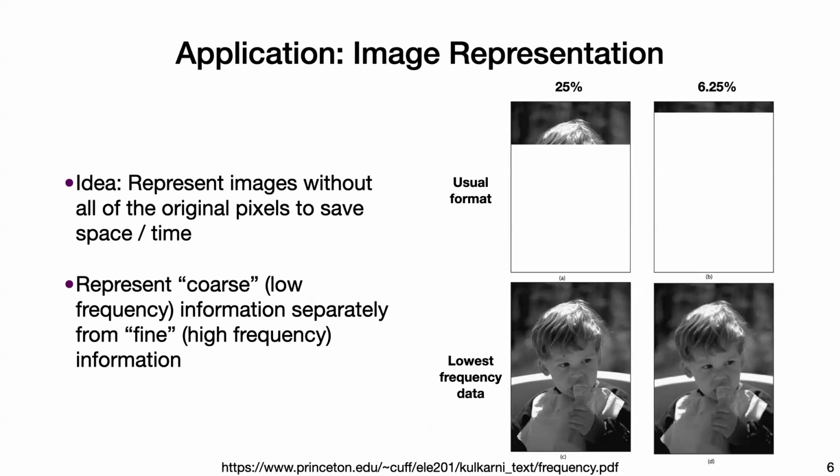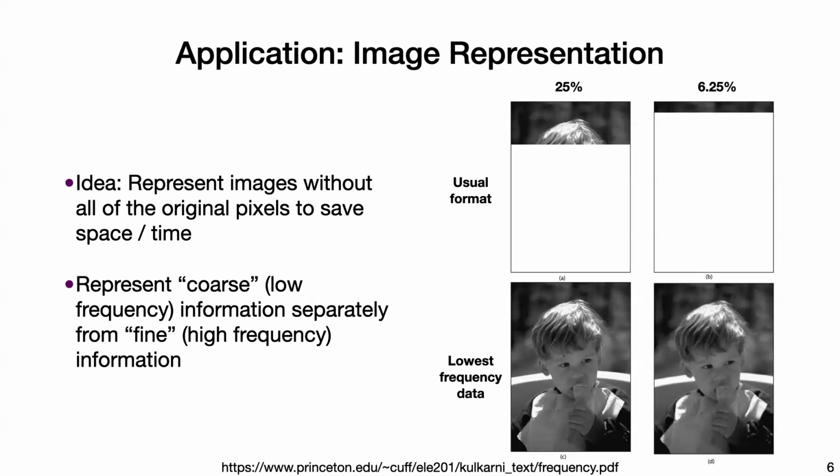In the usual format, without any decomposition, let's say you take 25% of the pixels and pick them arbitrarily, just the first 25%. This does not give much information about the image. This 6.25%, if you want even further reduction, gives you almost nothing about this picture. But using the FFT, you can decompose the image into low frequency and high frequency information.